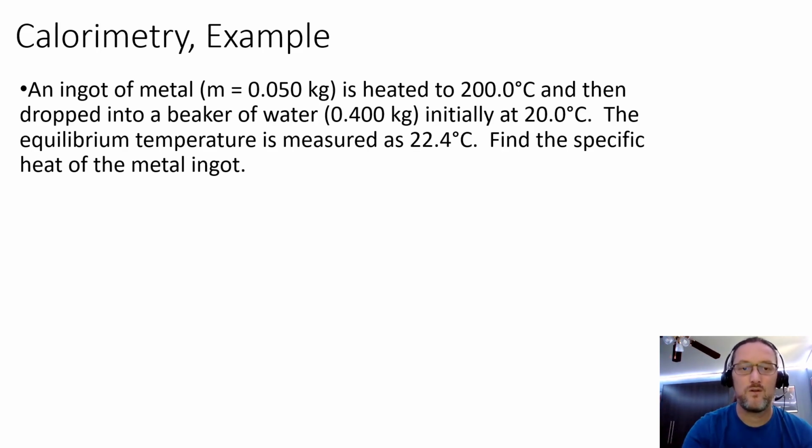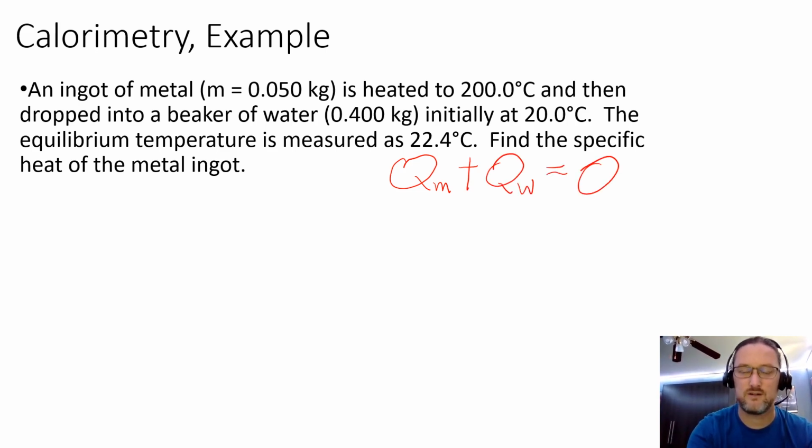Well, let's use sub M for metal and sub W for water. What I'm going to say here is that Q metal plus Q water has to be equal to 0. And then I'm going to use that mc delta T: mass of the metal, c of the metal, delta T for the metal, plus mass of the water, specific heat c of the water, delta T for the water equals 0, right?